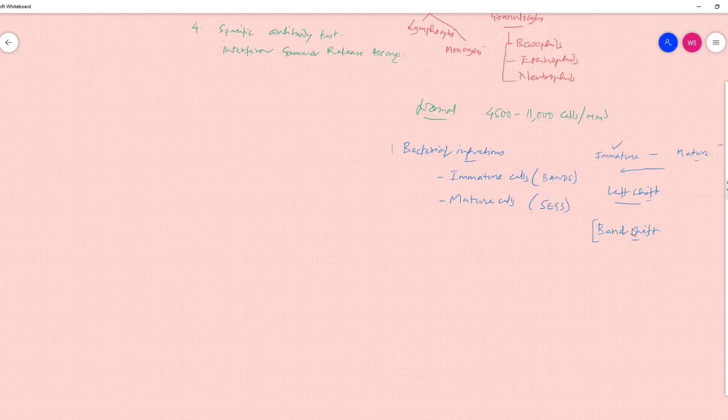But when we see a band shift, we should also be aware that there are other things that can cause a band shift. For example, steroids can cause a band shift. Cancer can cause a band shift.